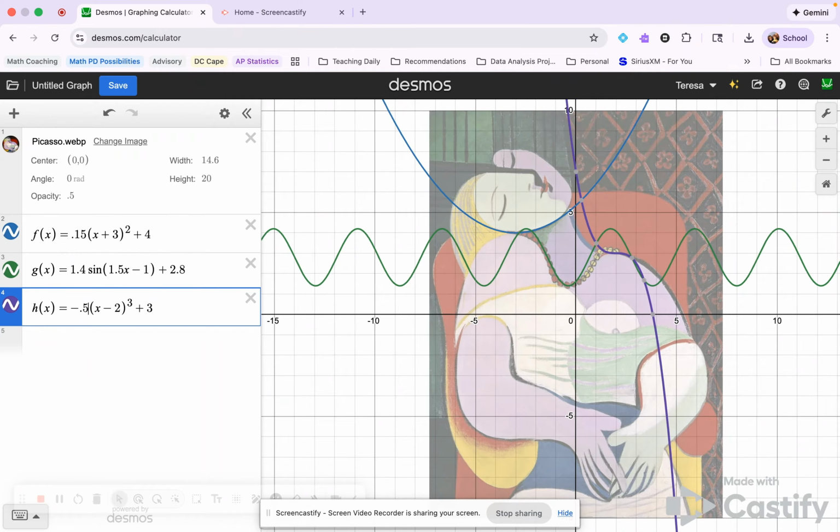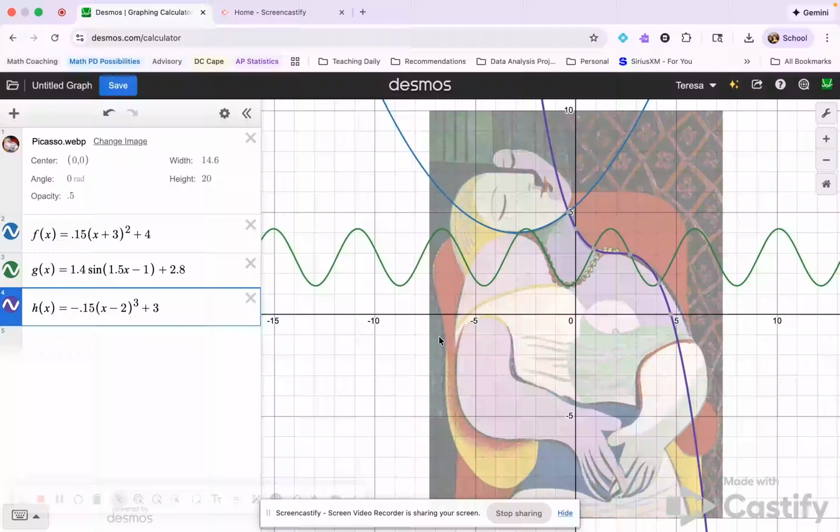So 0.5 isn't enough, so I can get even smaller, maybe like a 0.3 or a 0.2. We're getting closer. 0.1, oh, that's a little too far. What about a 1.5? I really like the way that's curving up here. I could always cut it about here and then do a different function for this part.